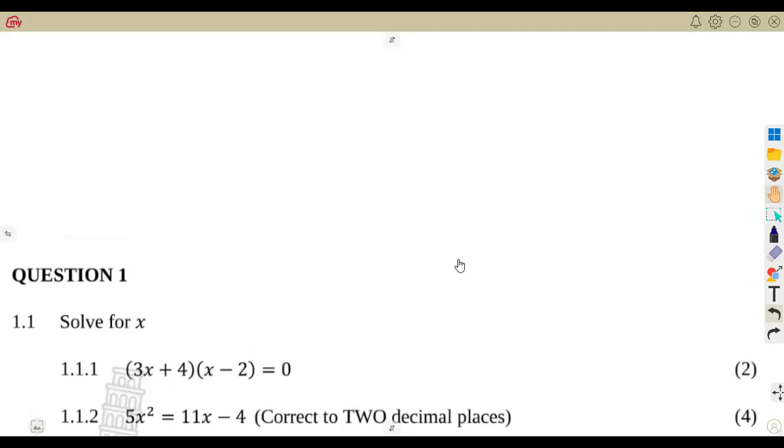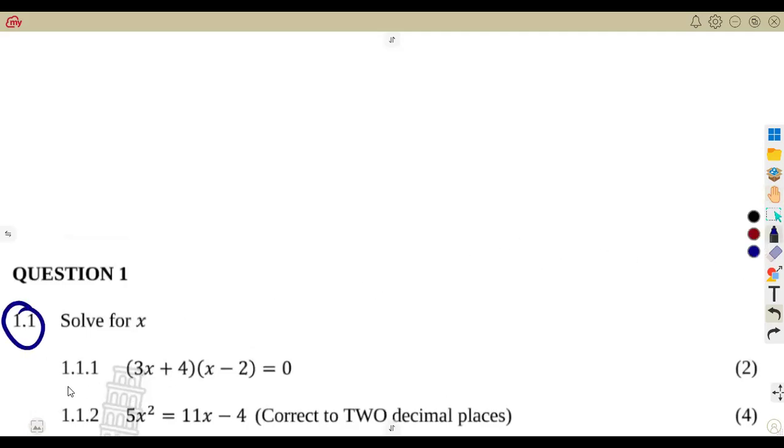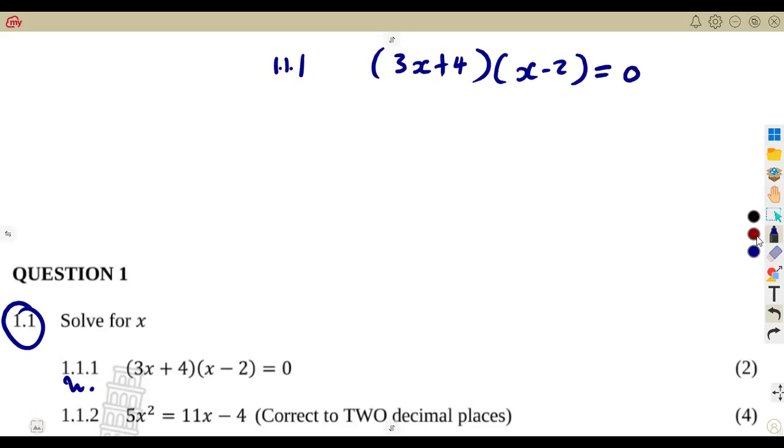On question number 1, you were given to solve for x, 1.1.1. We are given an equation that we are supposed to solve for x. And these are 2 brackets that we are given, and these 2 brackets are being equated to 0. Take note, the number that you're having there is a 0.